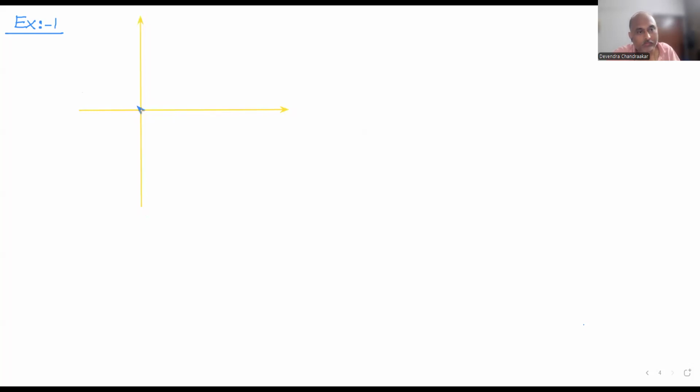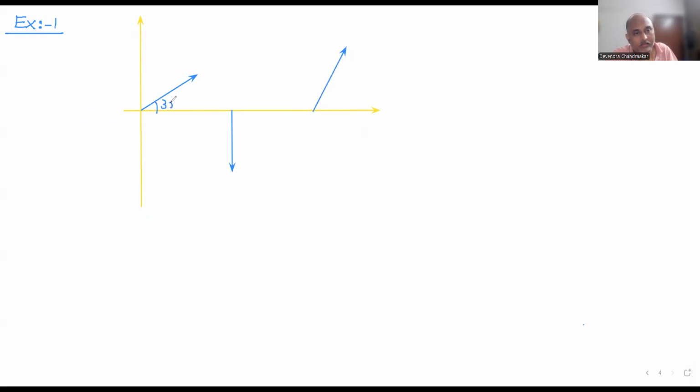So first vector is of 2 meters, right? Second vector is of 1.5 meters. And third vector is of 1 meters. And all of them are making different angles, right?